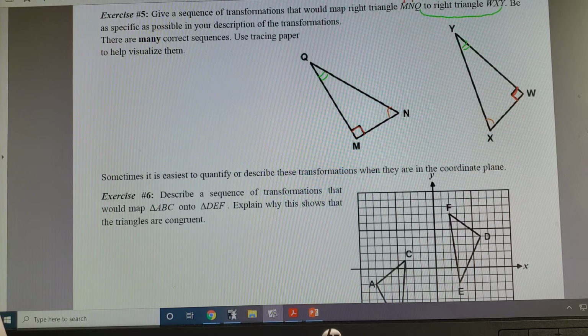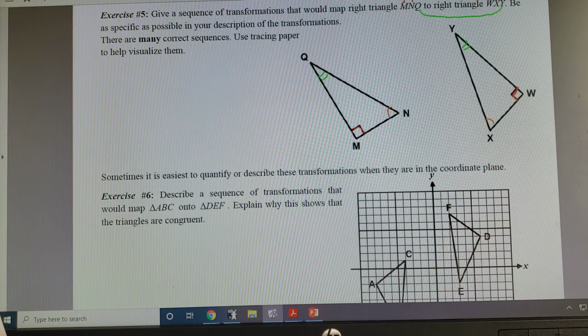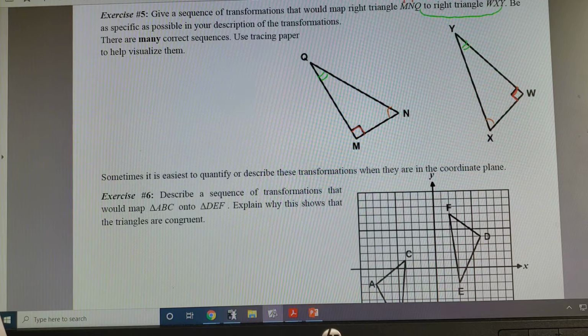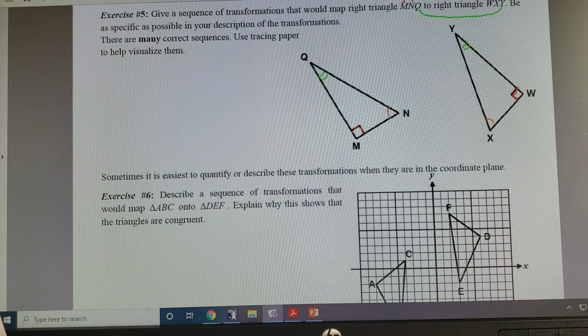Alright, let's try. What if you slid it to the right so that N just touches this line? And then flip it. Does it fall on top?